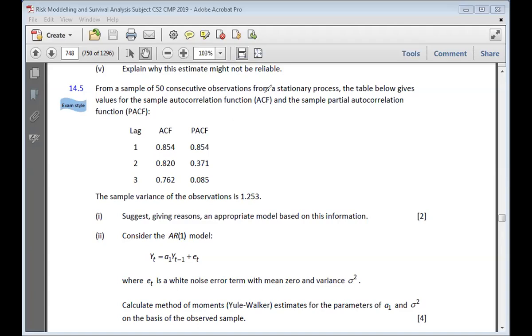So first of all, I will figure out my value for gamma 1 using the covariance of yt and yt minus 1.